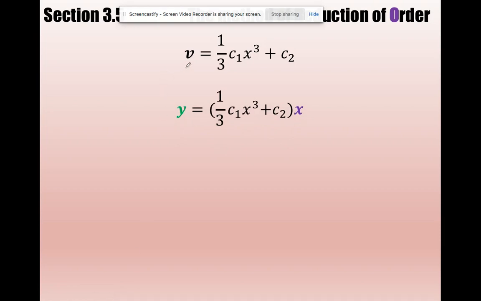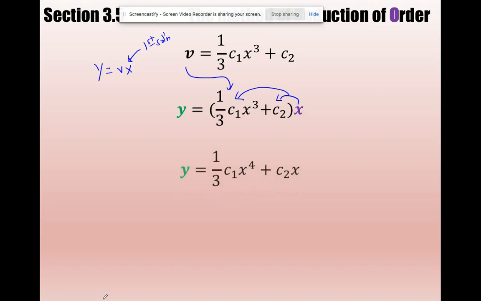Now remember, once I have v, I'm going to plug it in. Remember from the beginning, we let y equal v times x, where x was the given first solution. So I'm going to plug it in here times my first solution, and I'm going to distribute. I'm going to wrap up this 1/3 of a constant, which is still a constant.